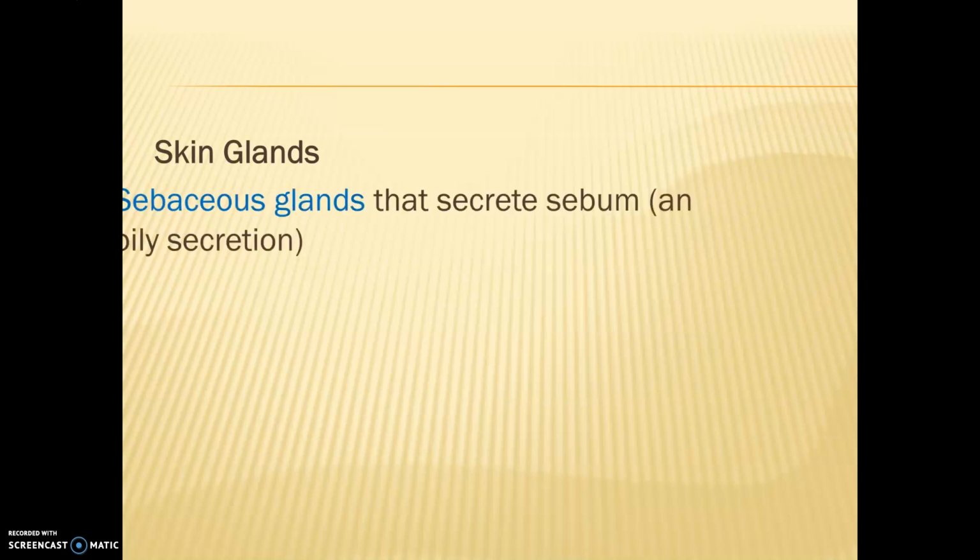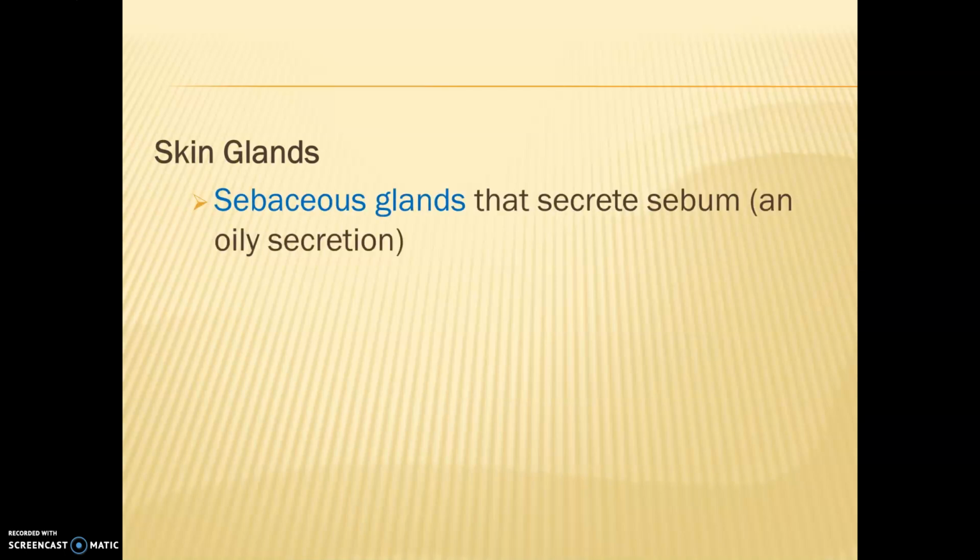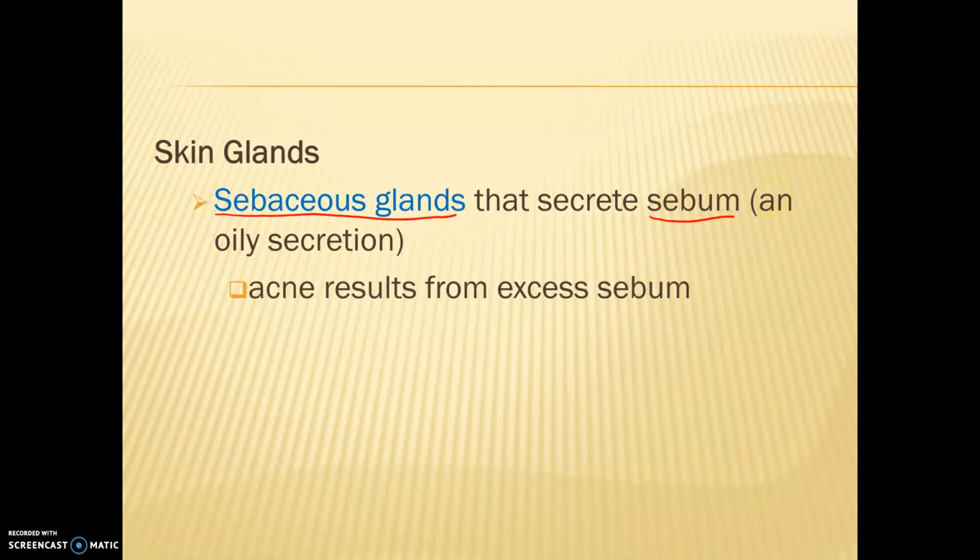Another thing that we're going to see a lot of are skin glands. Some different skin glands that we're going to see are sebaceous glands. Sebaceous glands secrete something called sebum, an oily secretion, and we're going to see these associated with acne. We're going to see these along our face usually, but acne can come on any part of our skin, and it's just this excess of sebum.